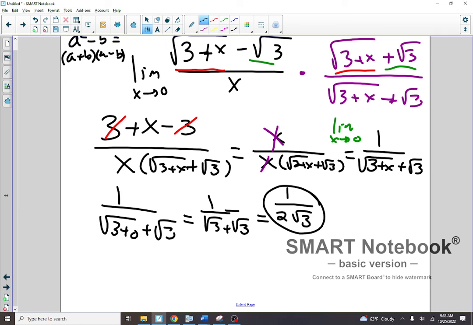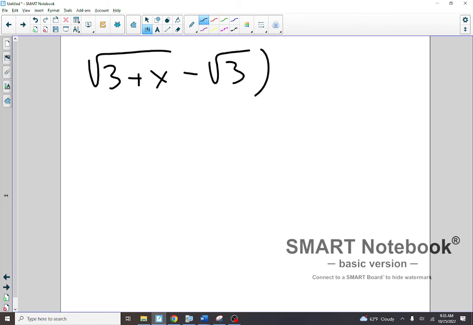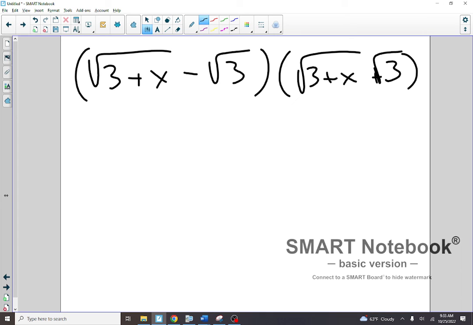If I were to do this without knowing that, so you would have square root of 3 plus x minus square root of 3, times square root of 3 plus x plus square root of 3. So I FOIL this. This goes to here. Because they're the same thing, it's squared, so it's 3 plus x.